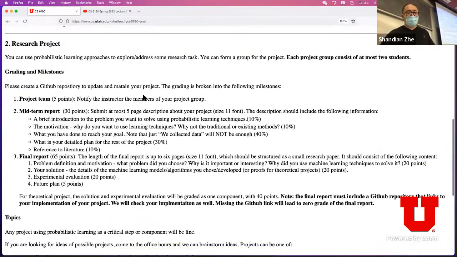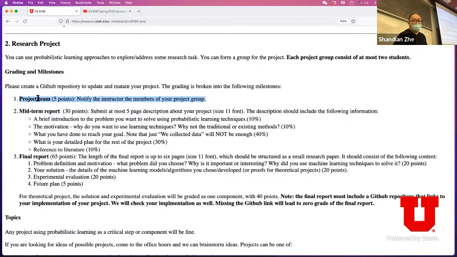So here are the grading and milestones. First, please create a GitHub repository and update and maintain your project. And here is how we are going to break down the grading. First, tell us your project team. Notify me and the TA who your partner is, or that you just want to do a solo project.